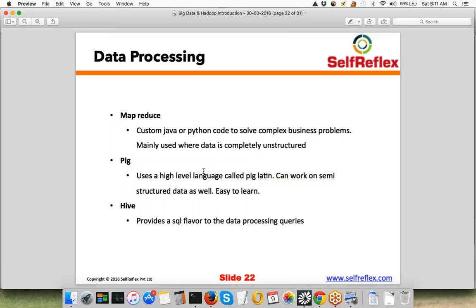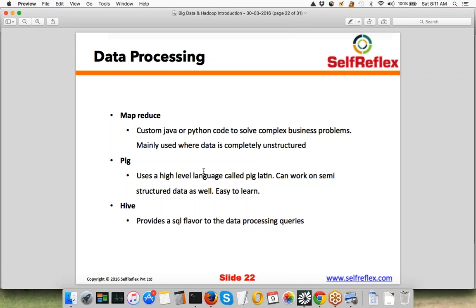Pig and Hive are more towards solving problems on top of structured data. Pig is a high level language, which is almost like English language. You load your data and then you filter your data, you join your data. So those kinds of statements are there.